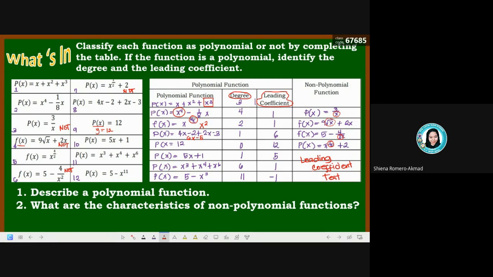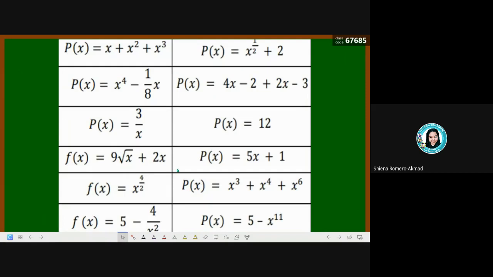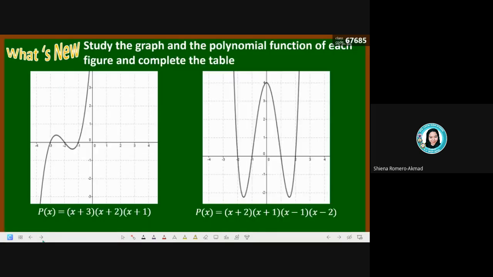Okay, now let's proceed. So these are the polynomial functions. We are done with that. So dahil kailangan nating maintindihan yung graph and the function itself, naintindihan na natin yung function kanina, then now we are going to identify and understand yung graph naman ng mga functions na ito.